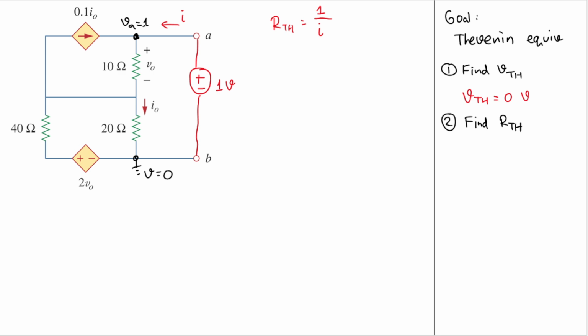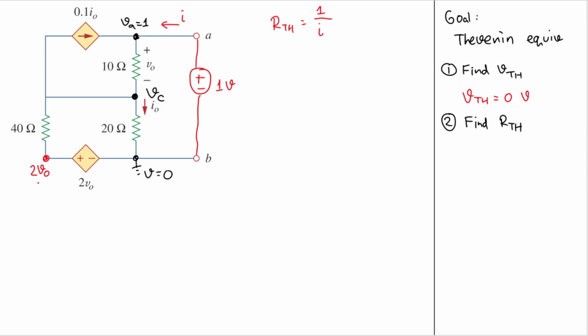Okay, good. But then we have one unknown node, right? And that node here is this node here. Okay, and that node will be our VC here, VC. And let's see here, we can get this node here as 2VO because that is 2VO from the ground.